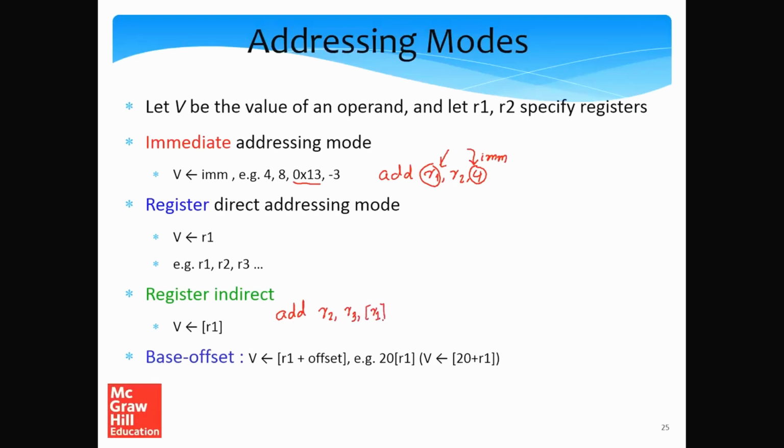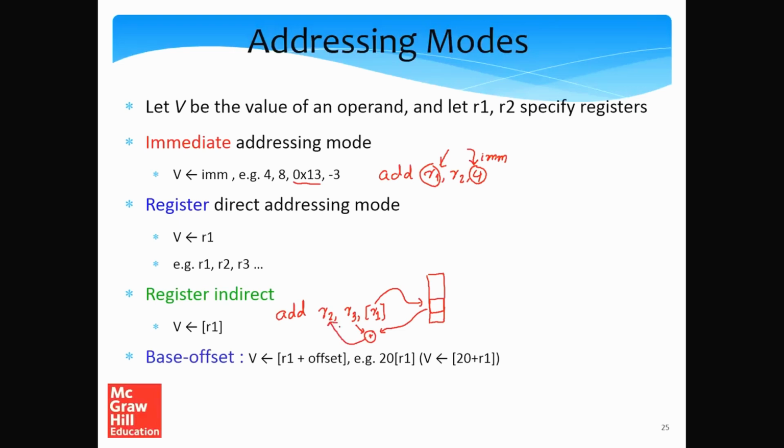In this case, R1 actually contains a memory address. This will be used to access memory. We will read 4 bytes from there, the size of an integer, and this will be added to the contents of R3 and finally be saved in R2.